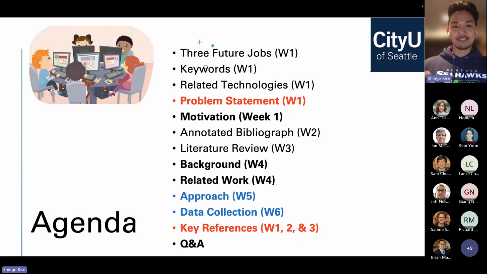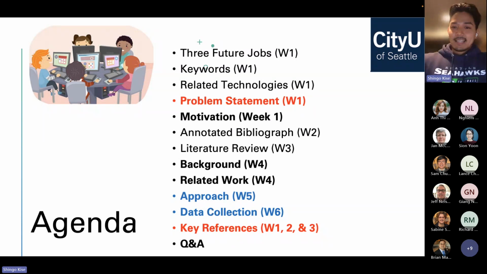Week 1 is basically the introduction of the capstone project. You come up with what kind of jobs you want to work in after your graduation, if it hasn't been decided already, let's say mobile app development or cybersecurity, whatever. Based on those jobs, you come up with keywords, and based on those keywords, you brainstorm related technologies, let's say React Native or React, AI, machine learning, whatever.